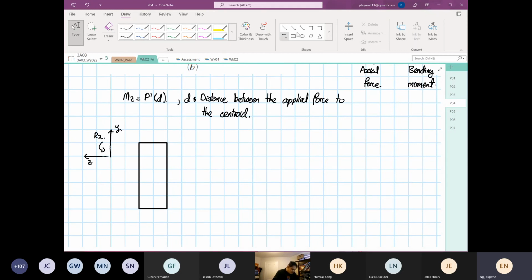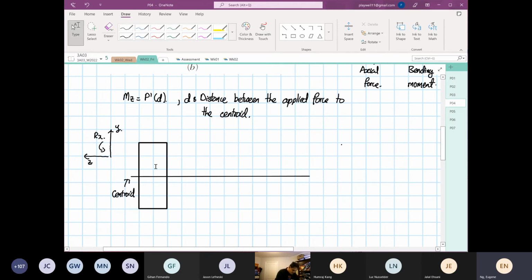So this is where we have our centroid. Remember, I call this centroid, not neutral axis.